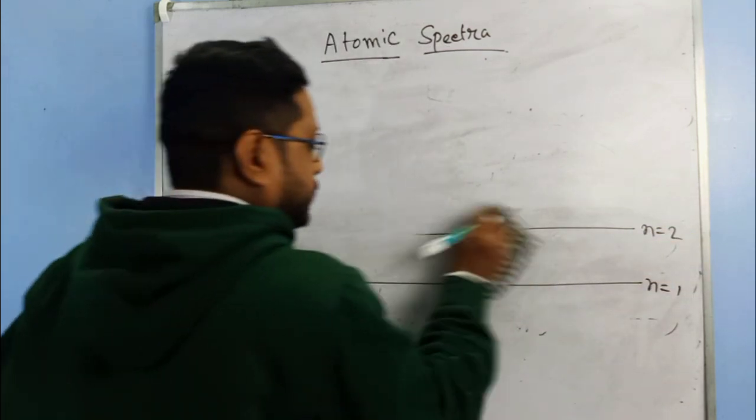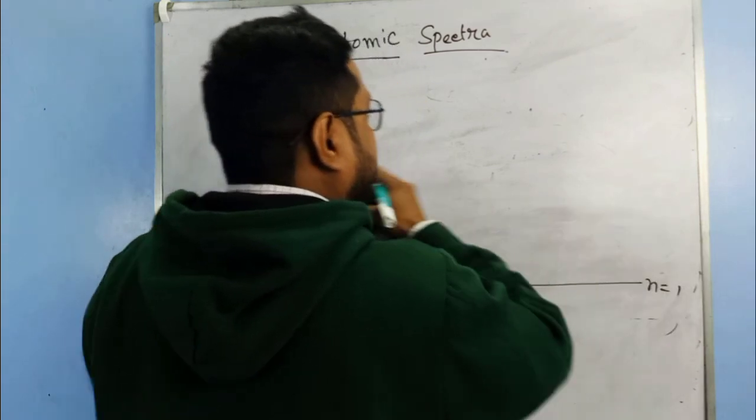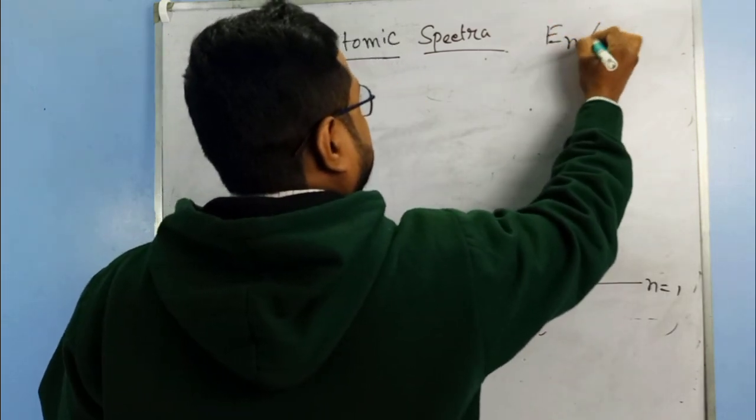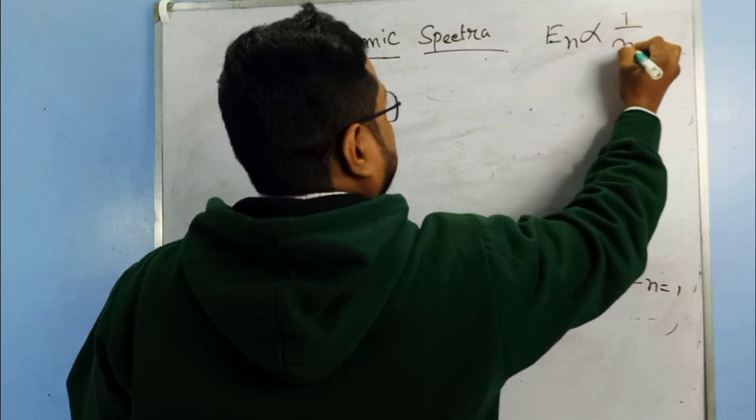The distance between n equal to 1 and 2 will be larger because E_n is inversely proportional to 1 by n square.